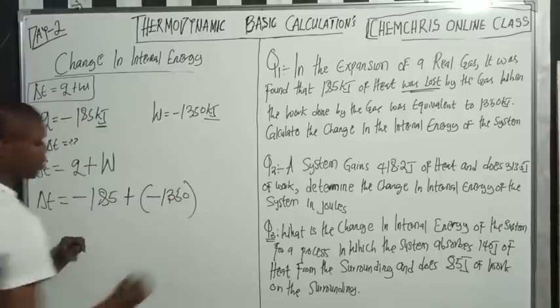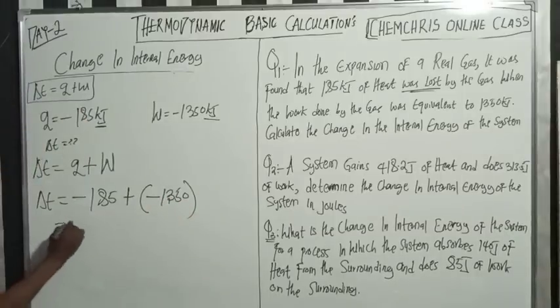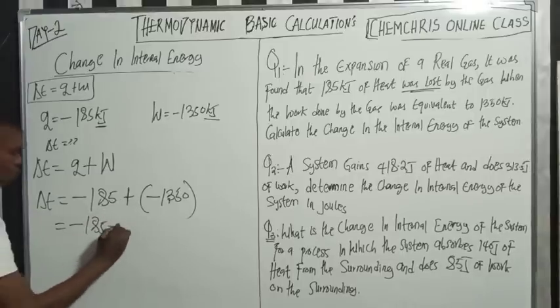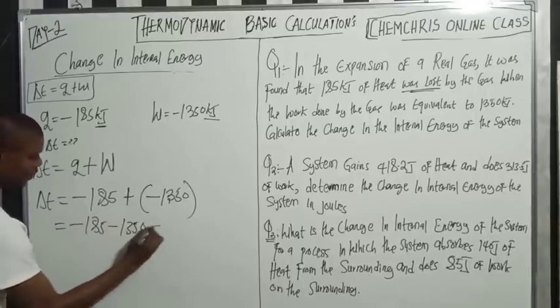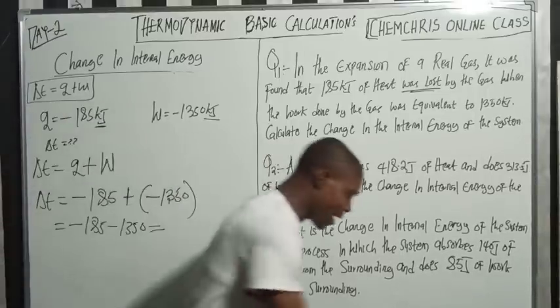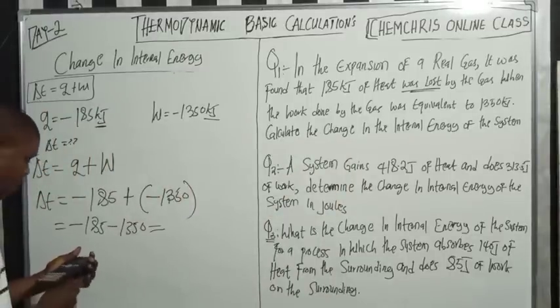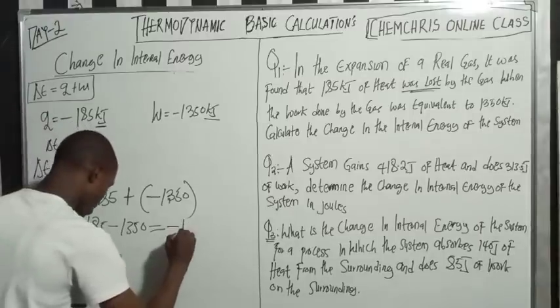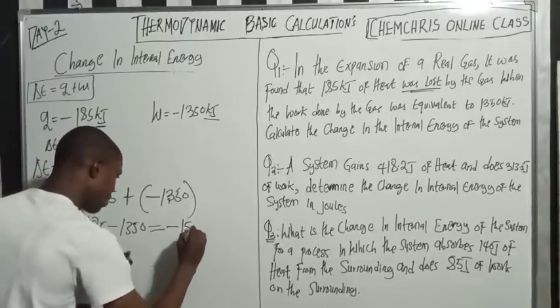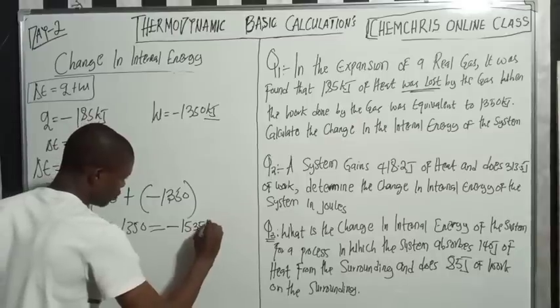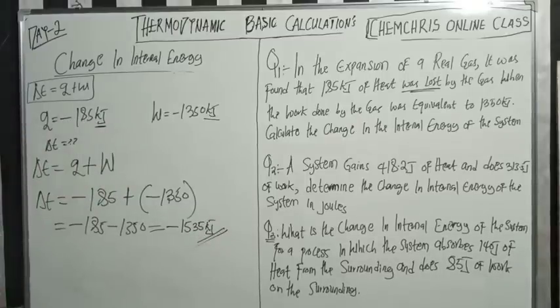So we have minus 185 plus minus 1350. Minus this, minus that, what do you get? Minus 185 minus 1350, which is minus 1535 kilojoules. That is the answer.